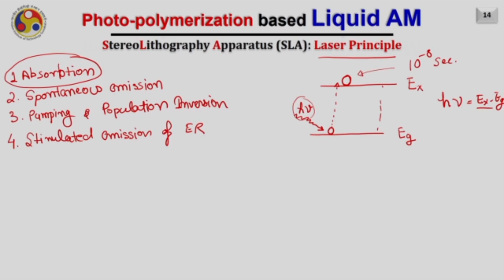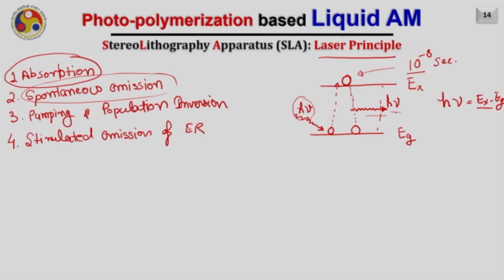What happened after that? As the electron remains here for only a very small amount of time, immediately its energy level falls down and the electron comes to the ground state again. While it comes down, it emits a photon back, which is of the same energy, h nu. This particular phenomenon of emitting the photon is called spontaneous emission.